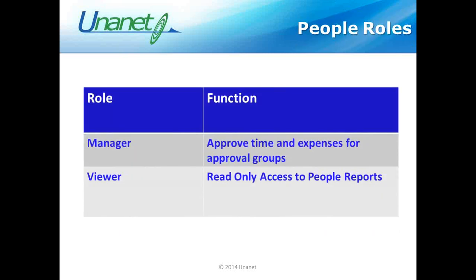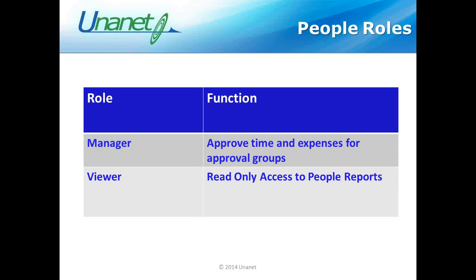So let's talk a few more moments about some more roles, and let's talk about those people roles. Now, if you're looking to have visibility to data and people reports, then you'd want to add those to the list of roles, managers and viewers. So managers have access to the system and the ability to approve timesheets and expense reports for their people that they have org access to.